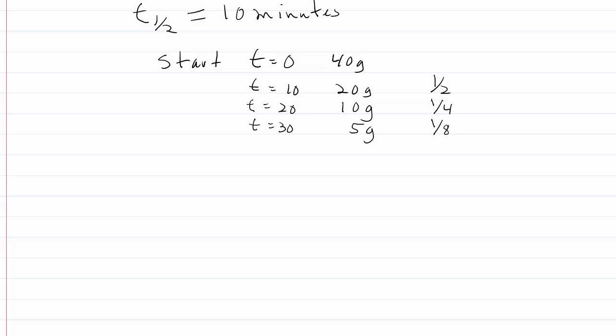Well, we can set this up as an exponential and say that the amount that remains is equal to 1/2 to the n, where n equals how many half-lives have gone by.